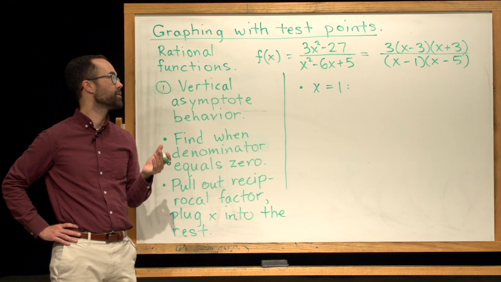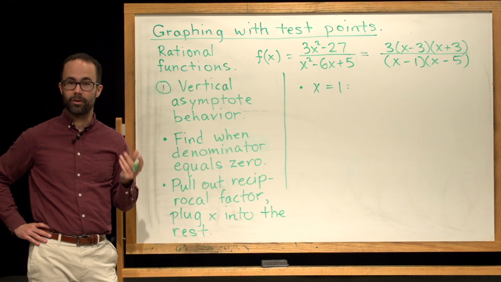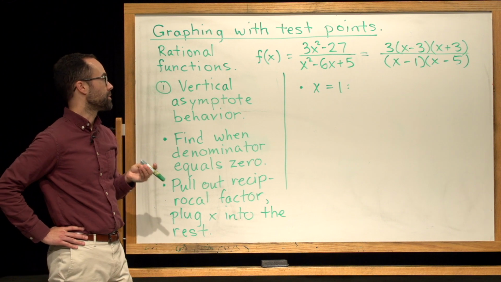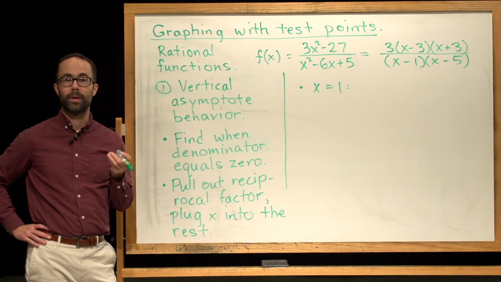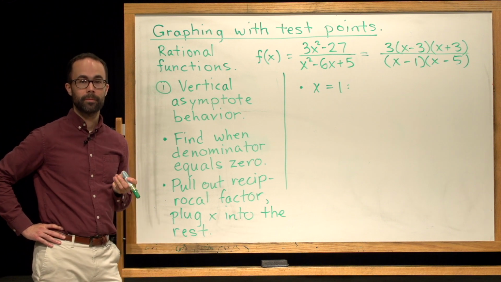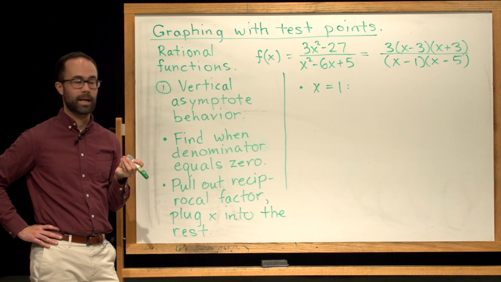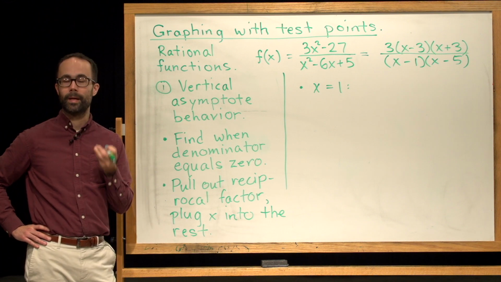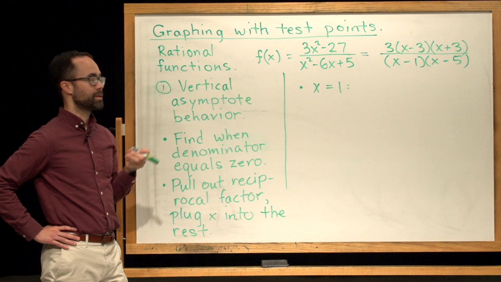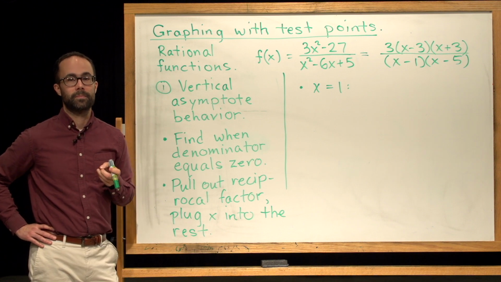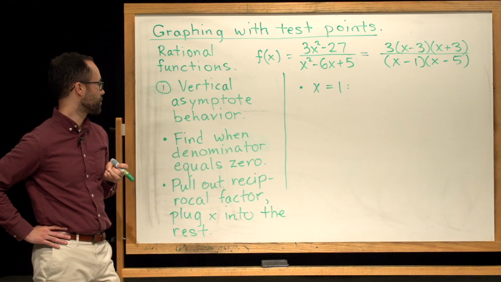Unlike polynomials, rational functions can have vertical asymptotes. We're specifically looking for cases when the denominator is equal to 0. If you're dividing by 0, we know that's a problem mathematically. We can't do it. That will give us some sort of vertical asymptote behavior in this function.